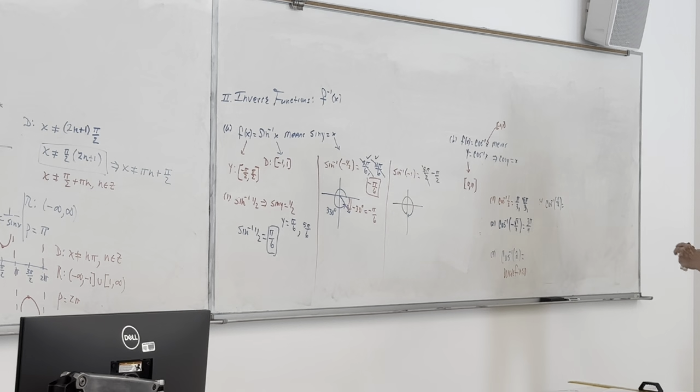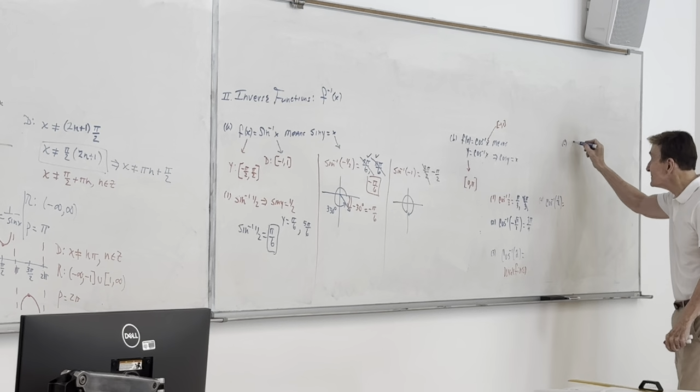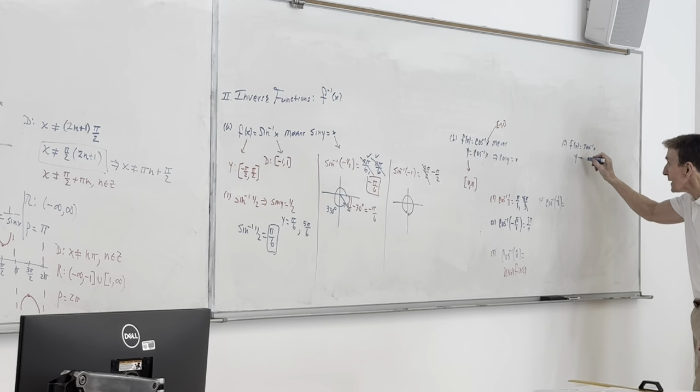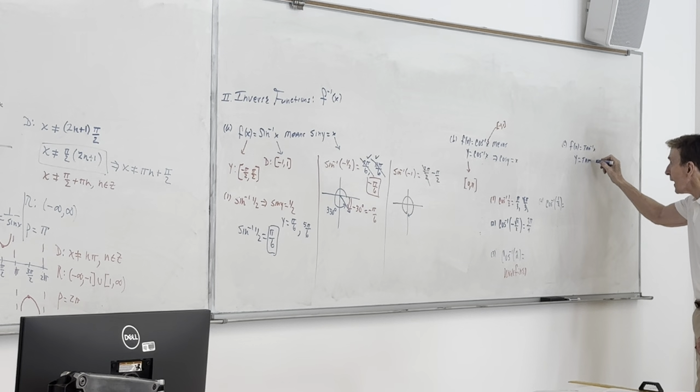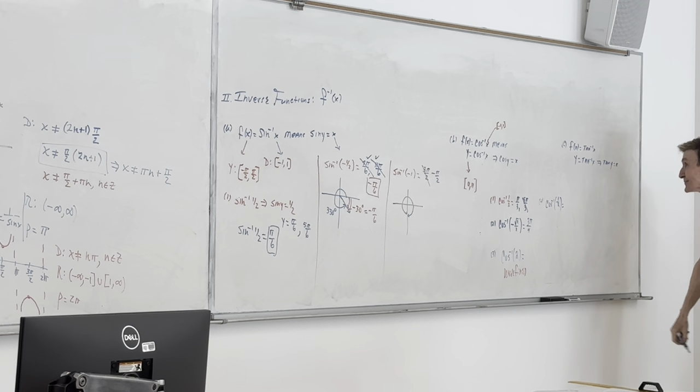Okay, last one, guys. I'm wholly responsible for it. It's this one. Which means this. Let me write with y. Tan of y is equal to x.